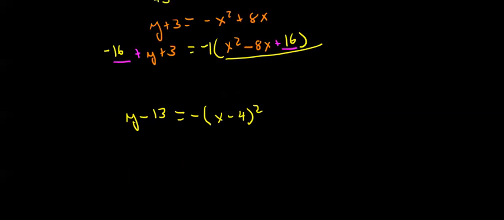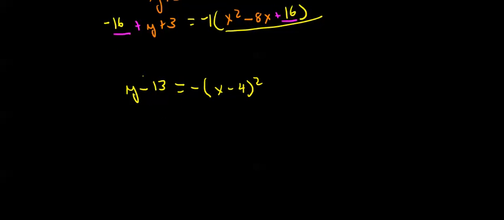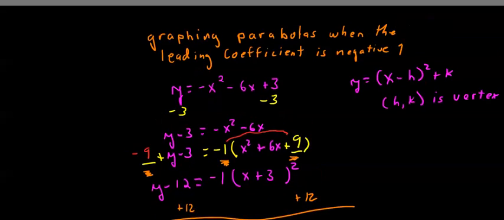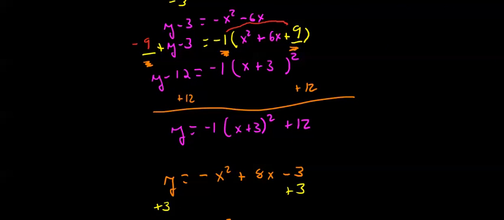And then, to finish this off, we add 13 to both sides, and we end up with y equals the opposite of (x minus 4) quantity squared plus 13. Very simple way to deal with a negative as your leading coefficient.